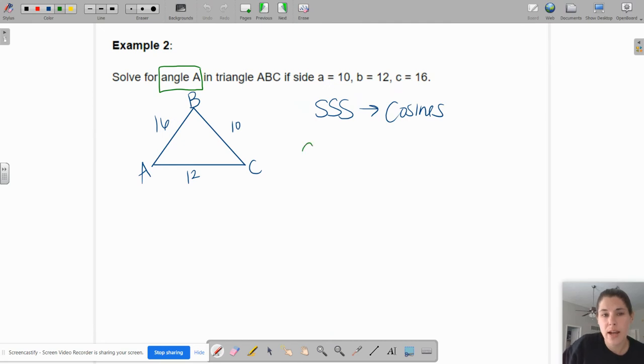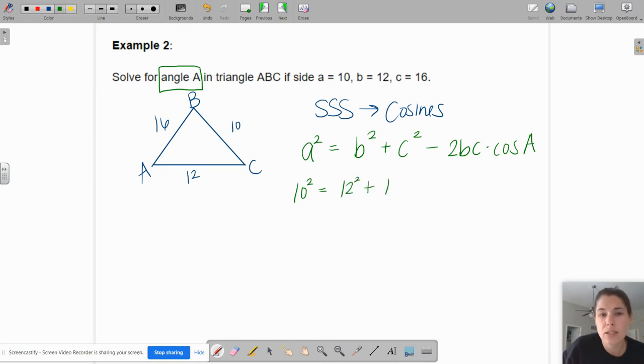So let's write it down and then fill in what we know. So A squared equals B squared plus C squared minus 2BC times the cosine of A. So filling in what we know, A squared, that's going to be 10 squared, equals B squared, so 12 squared, plus C squared is 16 squared, minus 2 times 12 times 16 times the cosine of A. So we're going to be solving for that angle.